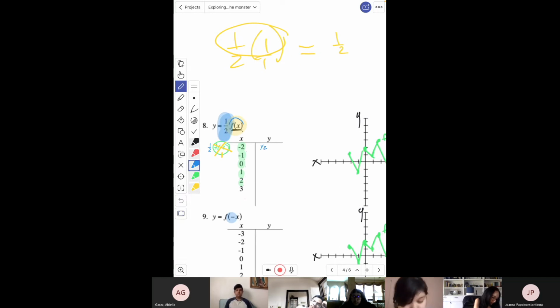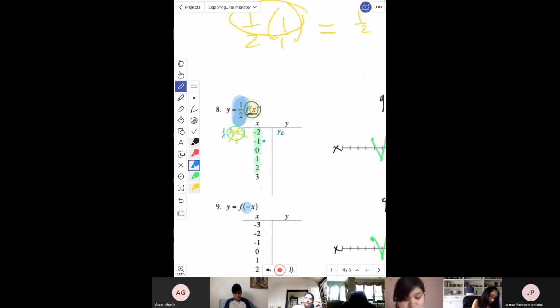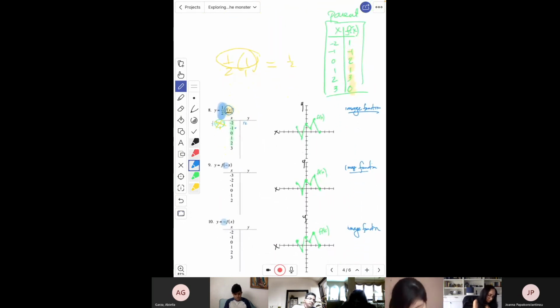I'm going to evaluate the function at this x, go to the table, find the output, and then take half of it. So I would be finding 1/2 of the function evaluated at -1. So I have to first find the function evaluated at -1 and then take half of that output.